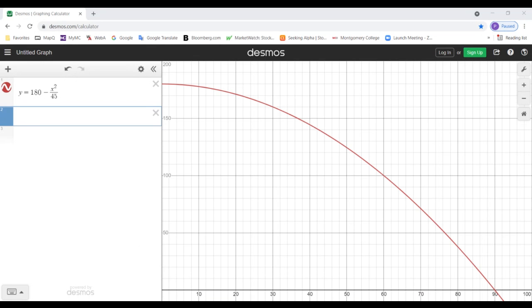All right, so now let's see. In Desmos, I'm going to click on the point here. I can see it starting at 180, but where does it hit the ground?